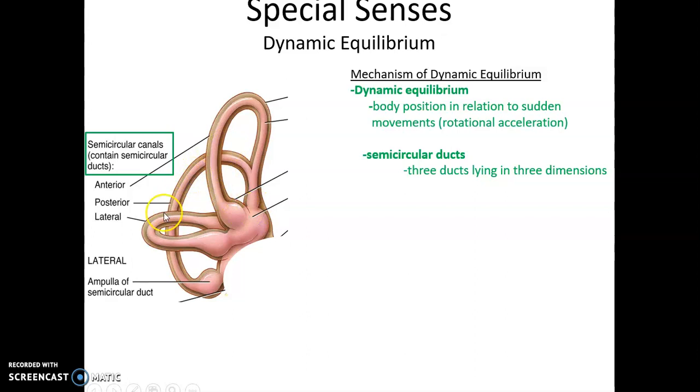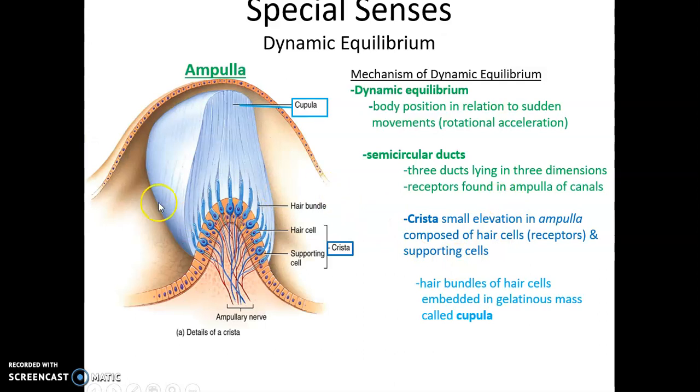So the structures important for dynamic equilibrium are the semicircular ducts and, of course, the ampulla of the semicircular ducts. So as we know, there are three semicircular ducts. They are lying in basic orientation for the three dimensions: up and down, right and left, and forward and back. And then within the ampulla, the widened area of the semicircular ducts, we have this area referred to as the crista, which is a small elevation within the ampulla composed of support cells and hair cells.